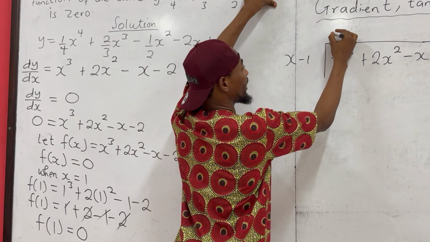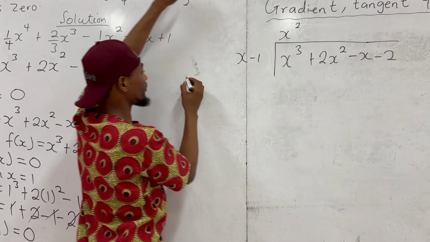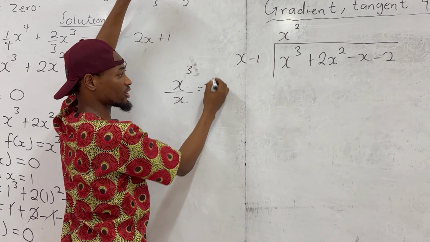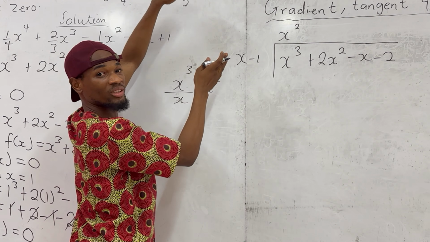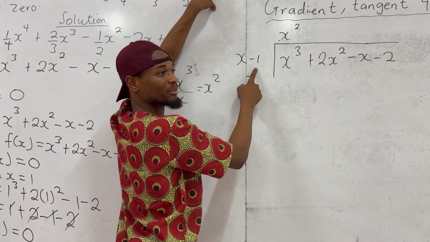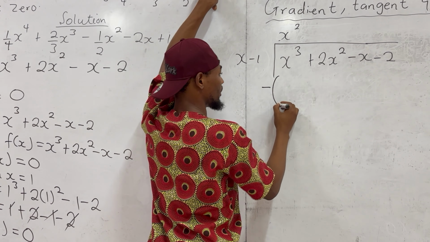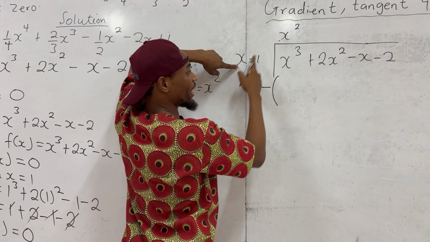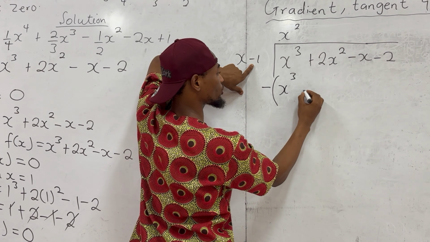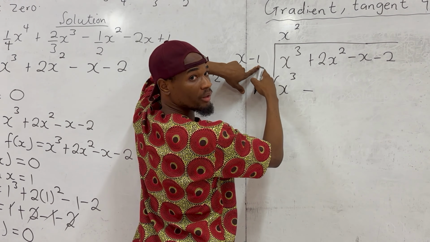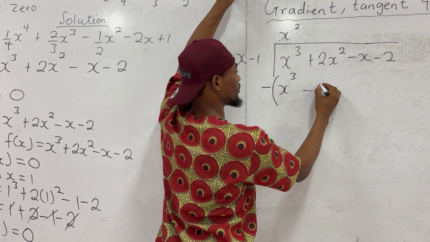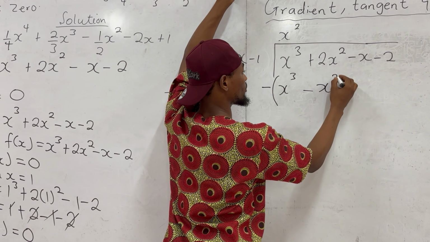We have x squared, because x cubed over x gives x squared. So this appears as the quotient. Then we will use this to multiply the whole expression again. x squared times x gives x cubed, then x squared times the negative 1 gives negative x squared this way.